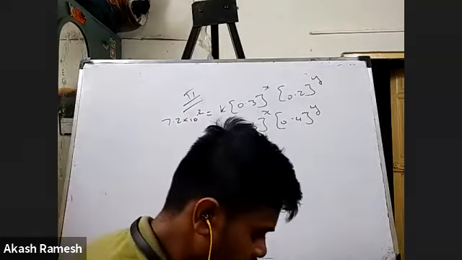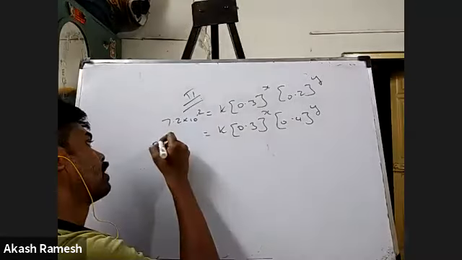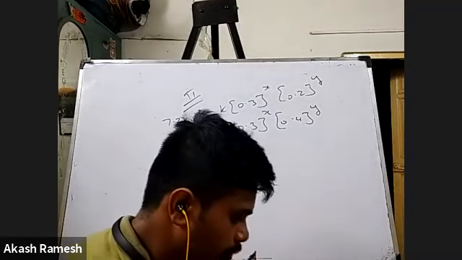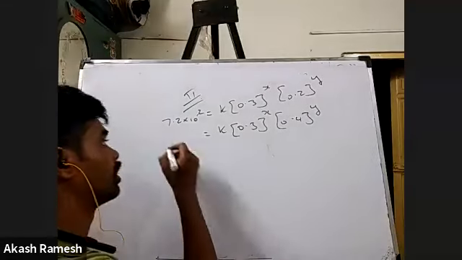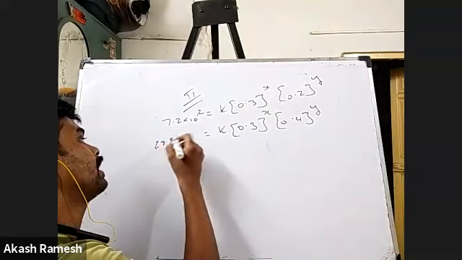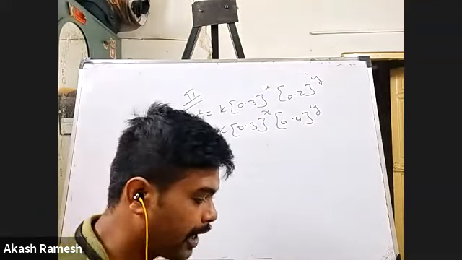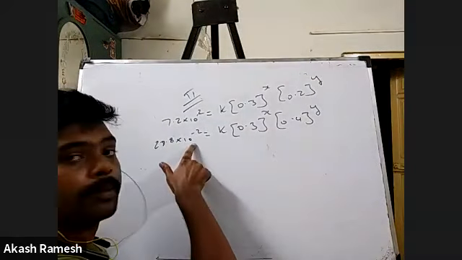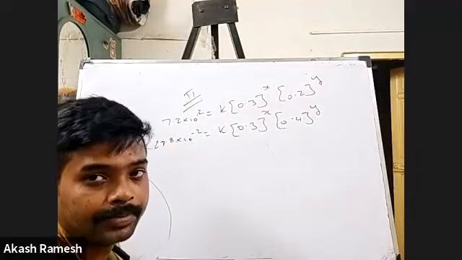And for this, I'll write it as 28.8 into 10 to the power minus 2. It's actually 2.88 into 10 to the power minus 1. I wrote it as 28.8 into 10 to the power minus 2 just to make sure that the 10 power minus 2 gets cancelled.